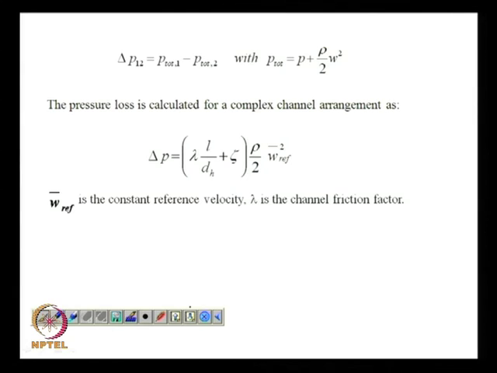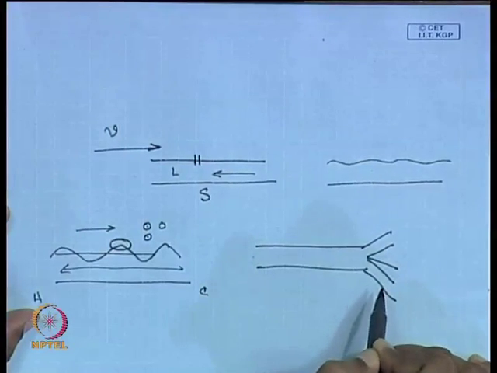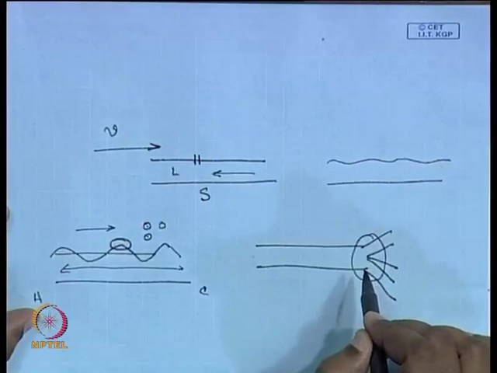Now, the key word here is complex channel arrangement, where you have, let us say, a T junction, or where you have just one micro channel which is getting divided into a number of such channels. So, at this junction vortices are going to be formed.